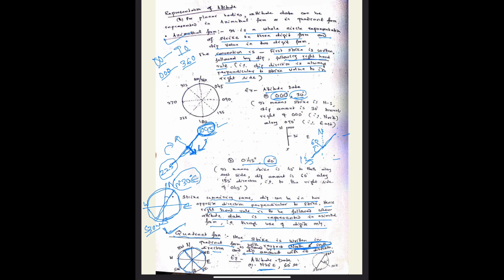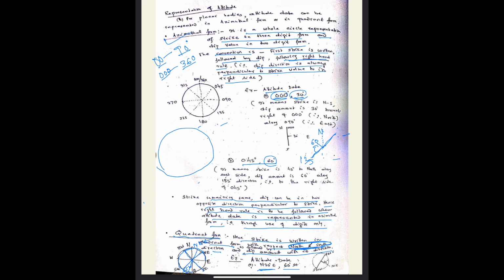And so the strike is described with respect to north and south. This will be northeast. The other end will be southwest. So what do you mean by northeast and southwest?